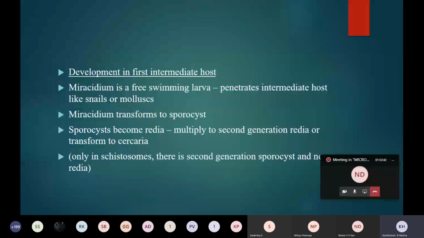Sporocyst becomes redia. This redia multiplies to form second generation redia, or they will transform to the Cercaria larval stage. Only in schistosomes there is a second generation sporocyst and no redial stage.